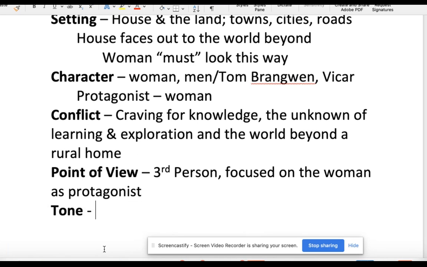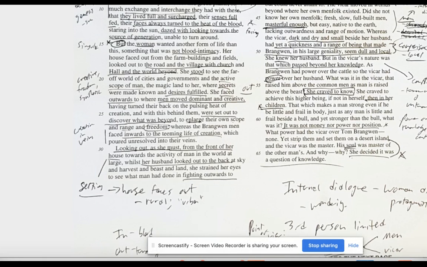So let's think about tone quickly. Okay. Tone with the men. I mean, they're well known. Genial, I think, was the word that described her husband over here with his large geniality.